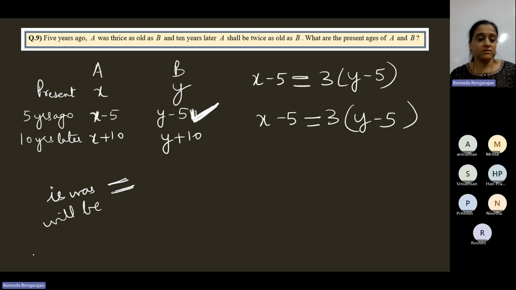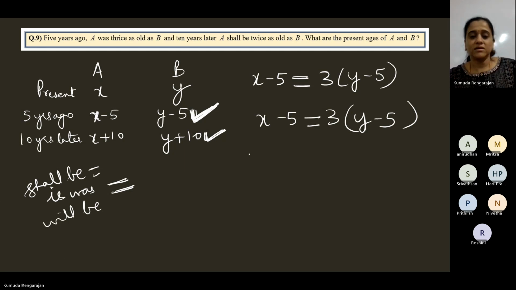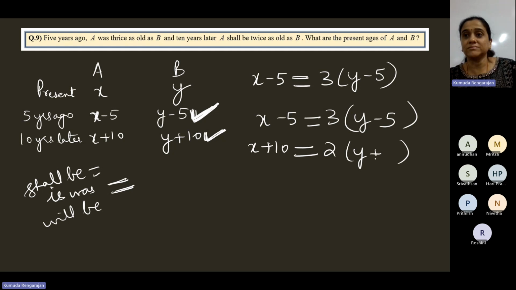Then 10 years later, A shall be, and shall be is also equal to. A shall be X plus 10, twice 2 into, as old as B, Y plus 10. Because this is about 10 years later.